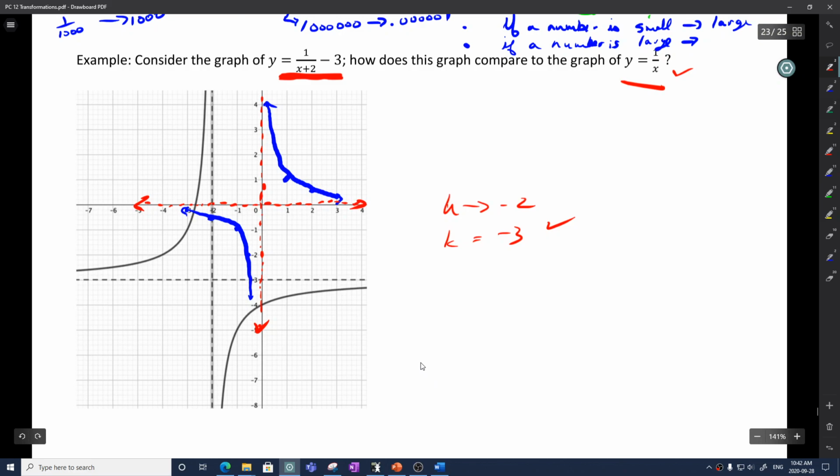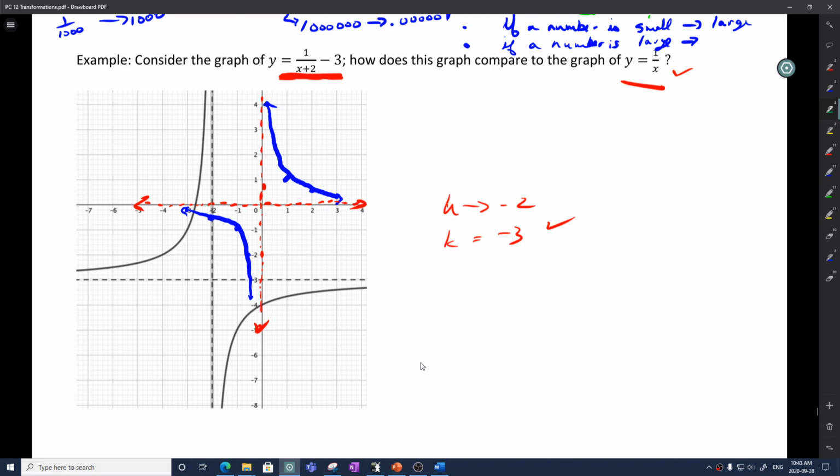I'm going to switch my pens up to green. For those of you who are really keen, let's talk about this. On the left-hand side, my graph is decreasing here. It is going downhill as we approach the vertical asymptote.